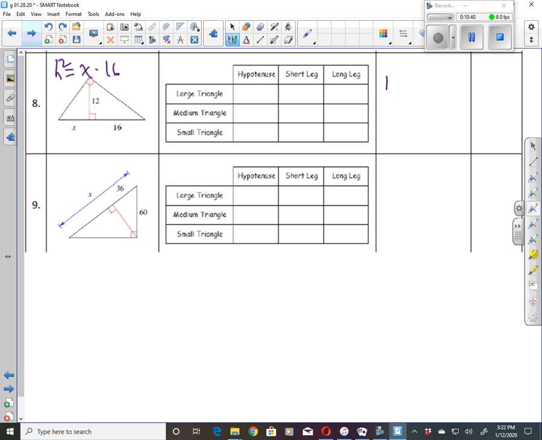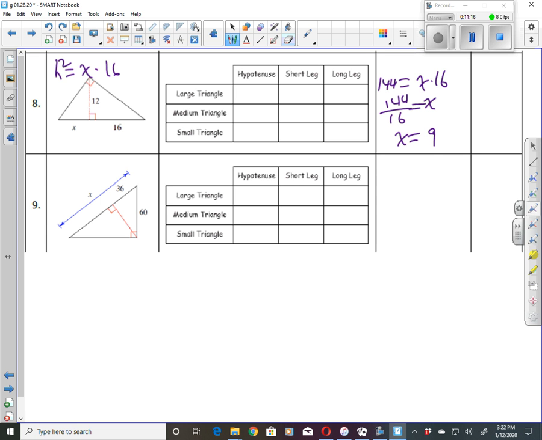But I know h was 12, so actually I can just go ahead and put in 144 there. 144 equals x times 16. X therefore equals 144 divided by 16, or x is equal to 9.